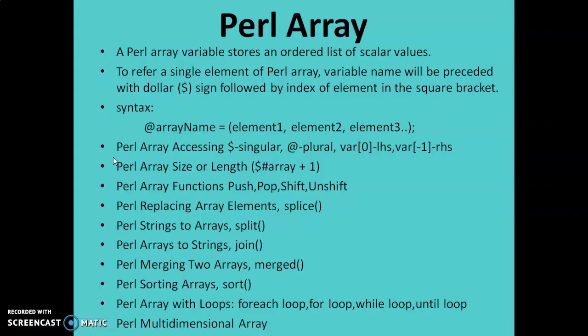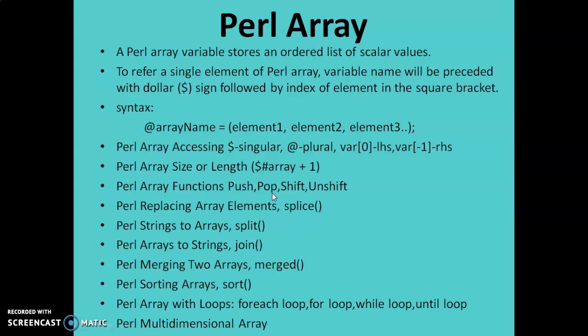Now comes some array functions. There are some array functions through which you can add or remove elements from an array. The first function is push. The second function is pop that you have used with the stack functions.